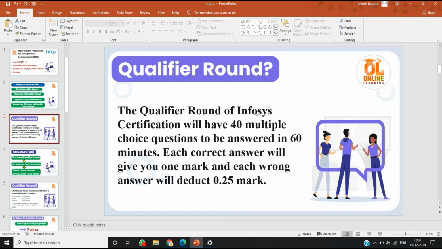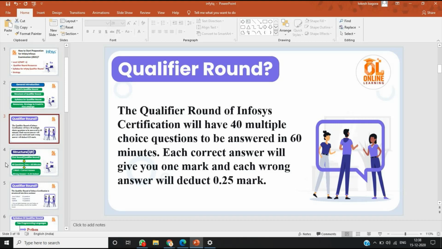Each correct answer will give you 1 mark and each wrong answer will deduct 0.25 mark. Means friends, there is negative marking in the qualifier round. At my time, when I participated in the exam, there was no negative marking in the final round, but there is negative marking in the qualifier round. So if you attempt any question, be sure about the answer that you write.